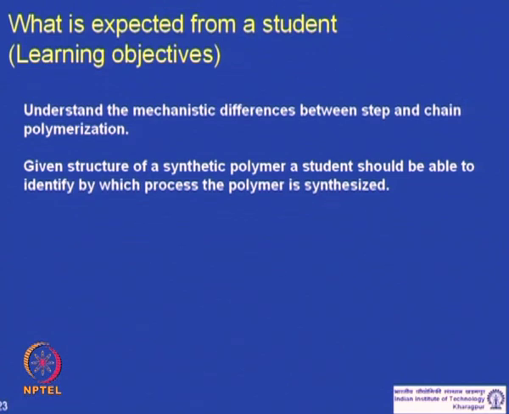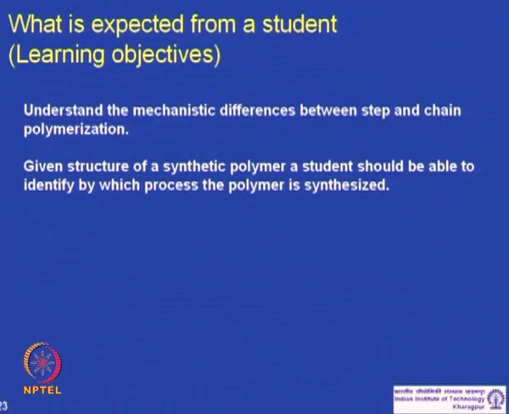If I give you the structure of a synthetic polymer, then you should be able to identify by which process it has been synthesized, whether it is a step polymerization process or a chain polymerization process. Just by looking at the structure, you should be able to tell by which method it has been synthesized.